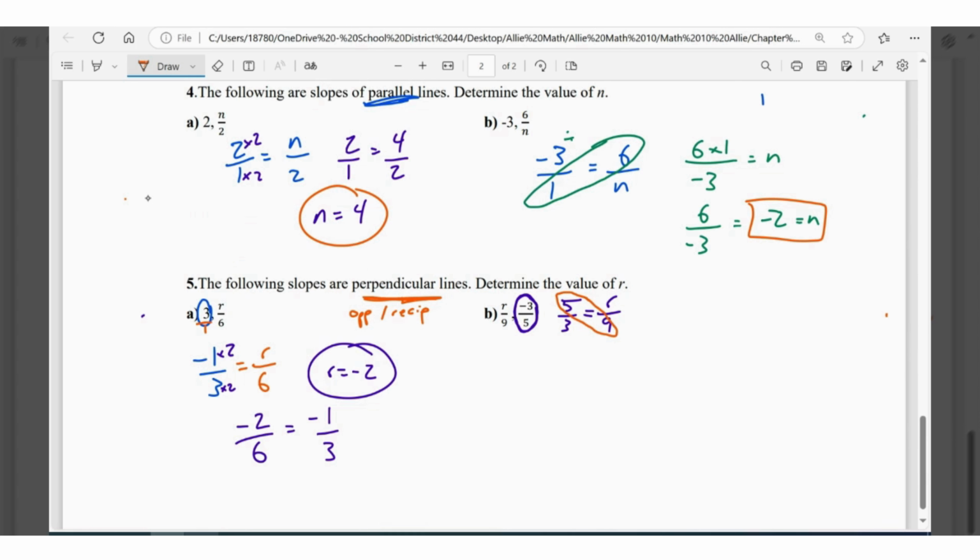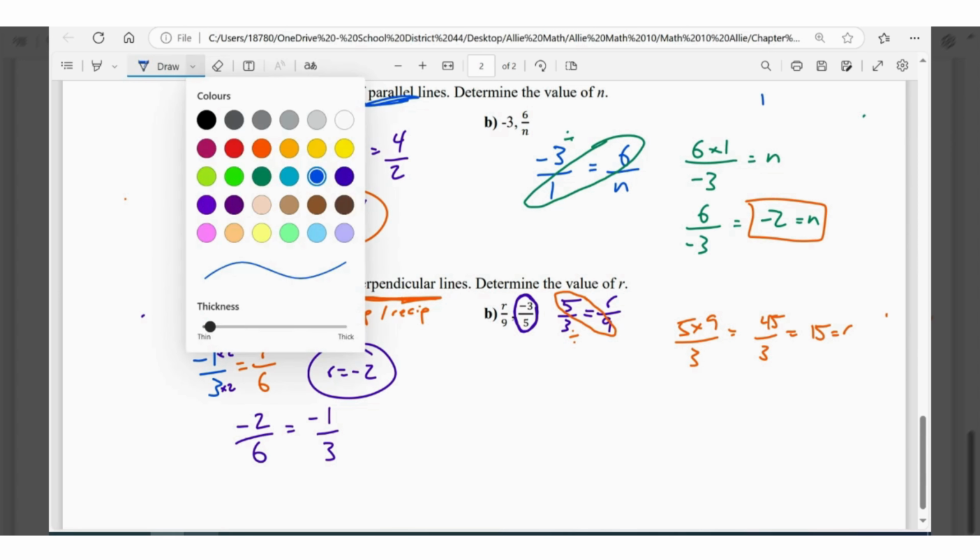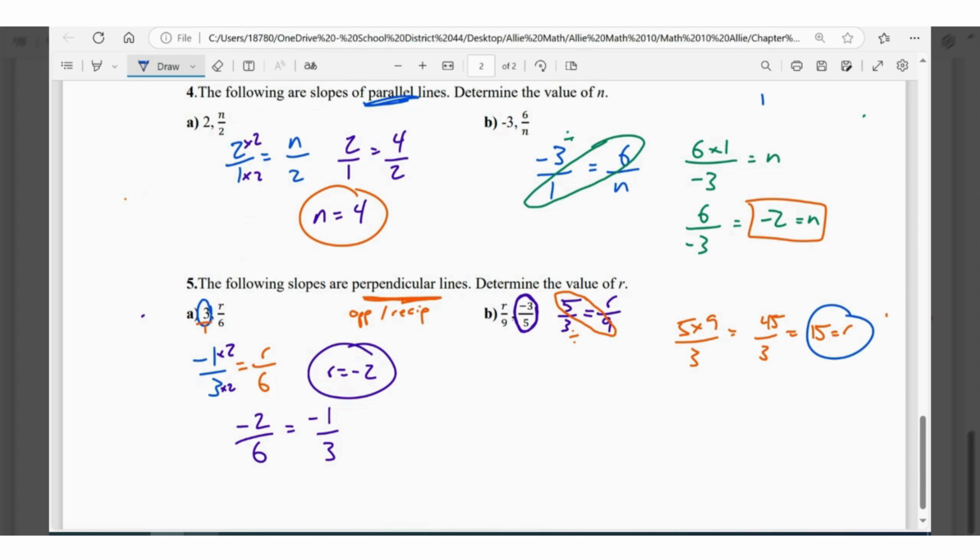So you multiply the two that are diagonal numbers across from each other, and you divide by the third one. So if we do 5 times 9 divided by 3, we should get 45 divided by 3, which is 15, equals r. And then you can check at the end, is it true that 15 over 9 is the same as 5 over 3? Yeah, indeed it is. So we know that we did that one correct.